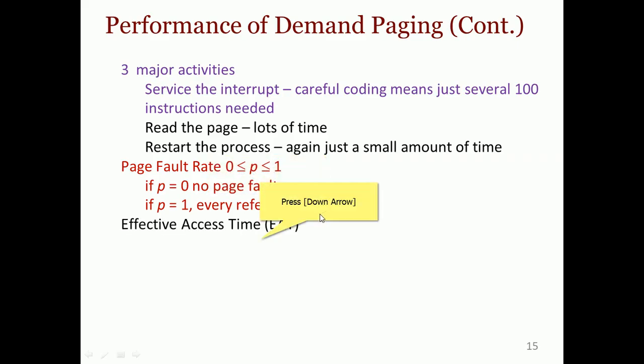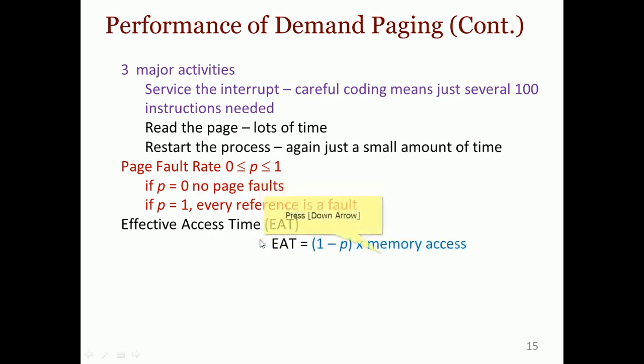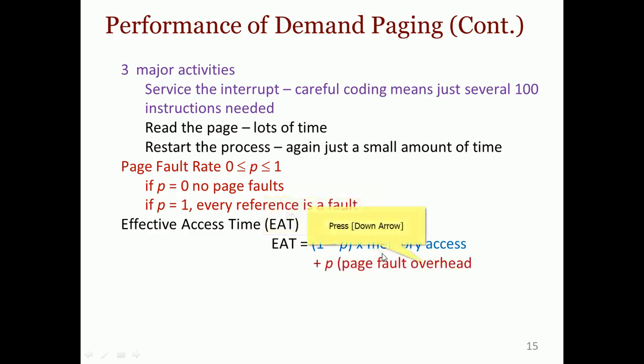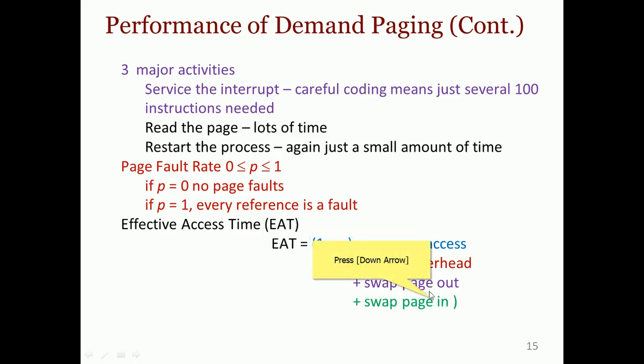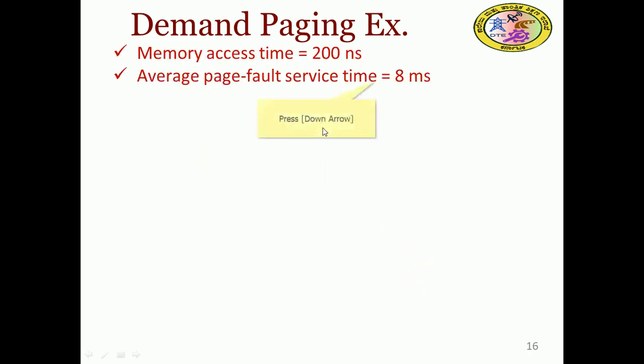Effective access time can be computed as equal to (1 minus p) times memory access time, plus p times page fault overhead, plus swap page out, plus swap page in. For example, let us consider memory access time of 200 nanoseconds.